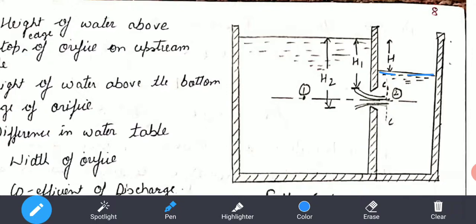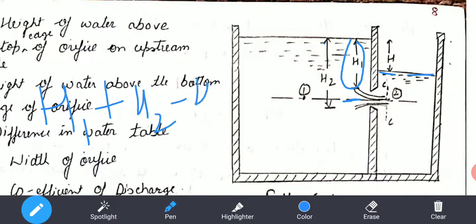From the center of the orifice, the height of the water on the upstream side is equal to H1 plus (H2 minus H1), which is the diameter of this orifice, divided by 2, that is half. So we obtain the height of the water above the center of the orifice on the upstream side.